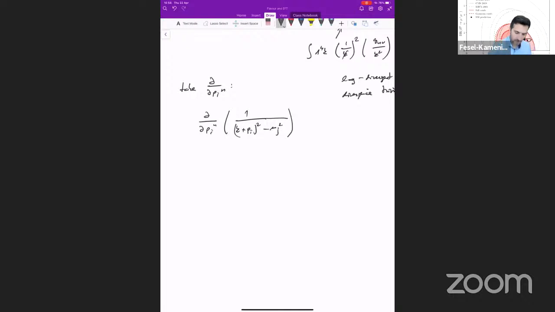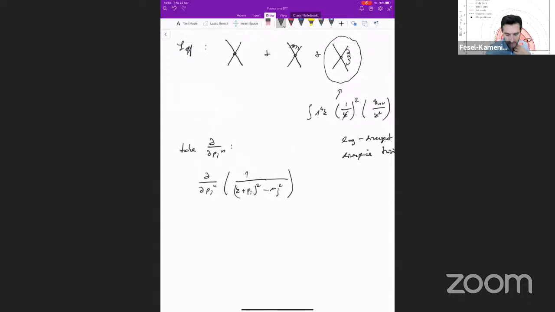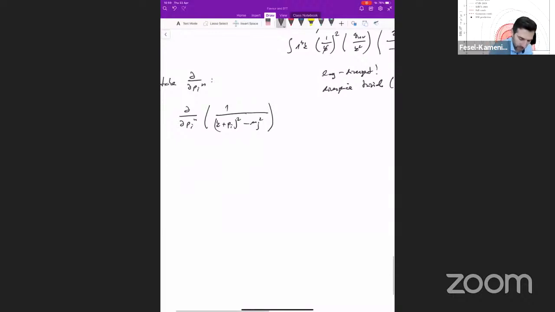I've kept the m_j dependence, which I didn't in the above. Before I just wrote 1 over k slash, but in case we have massive fermions, when we differentiate there can also be an effect of the mass.